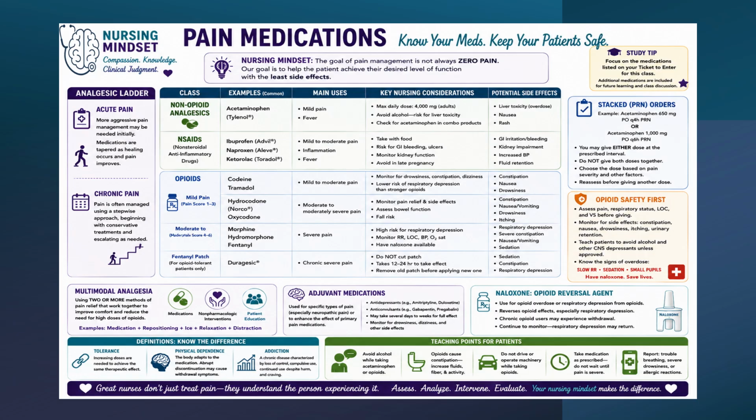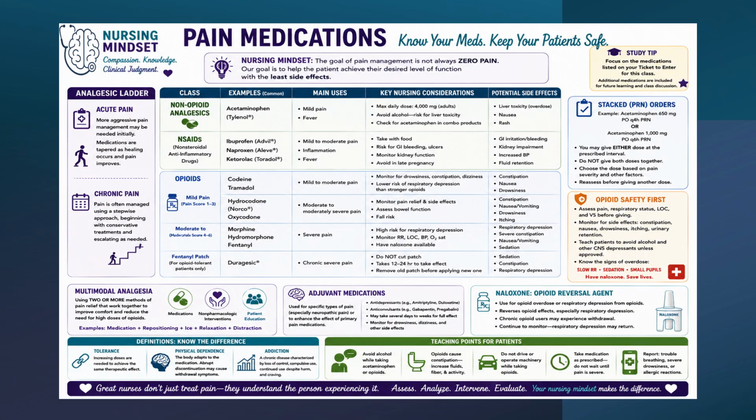Now we'll discuss more about NSAIDs when we discuss the concept of inflammation. When pain becomes more severe, opioids may be necessary. These medications are highly effective, but they also require increased nursing assessment and monitoring because they affect multiple body systems.